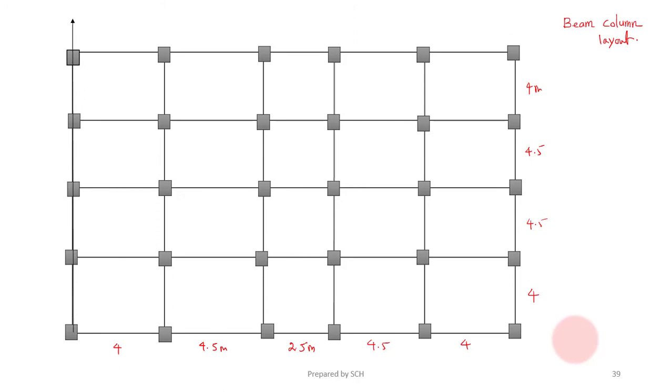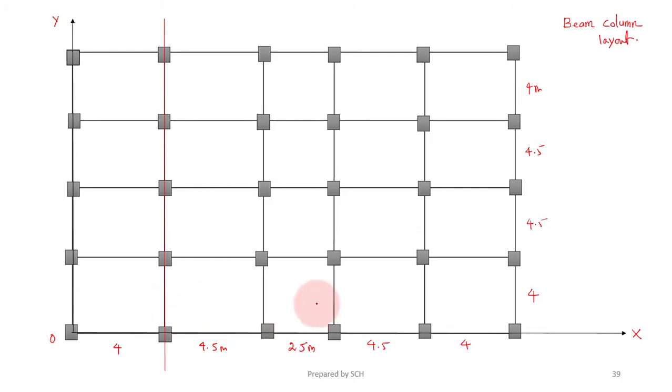Here you can see these are columns and all these lines are beams, and these are the two axes. This is your x-axis and y-axis. In ETABS also the x and y axes are in plan view, and the z-axis will be along the elevation. We will be taking this as our origin.